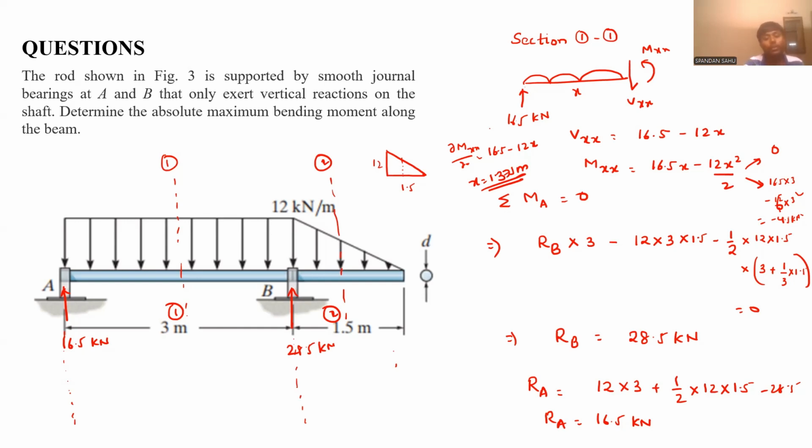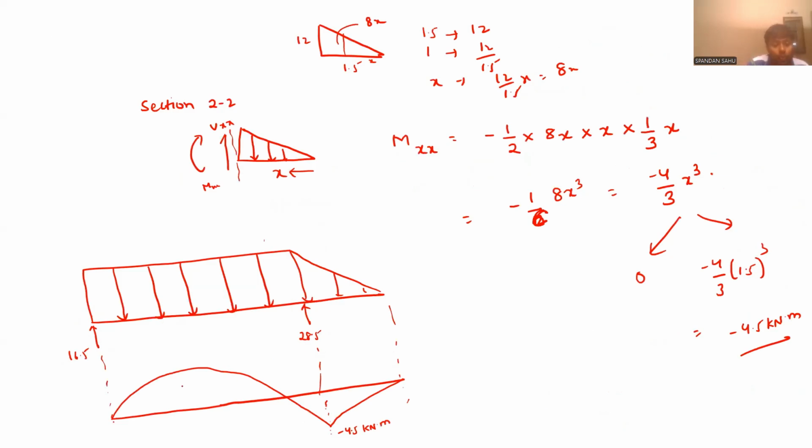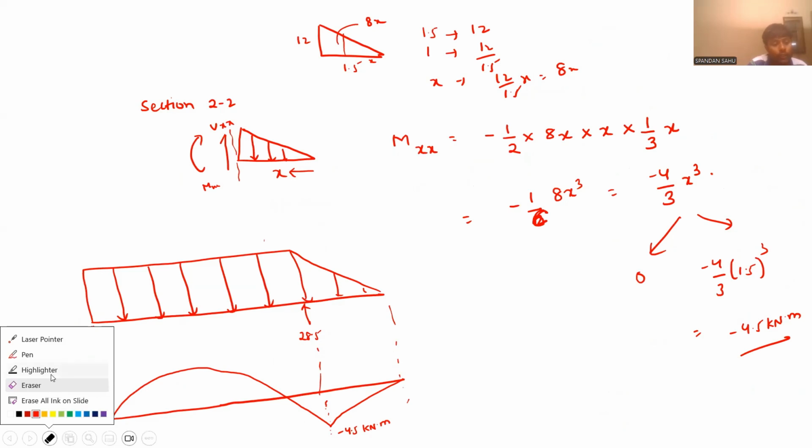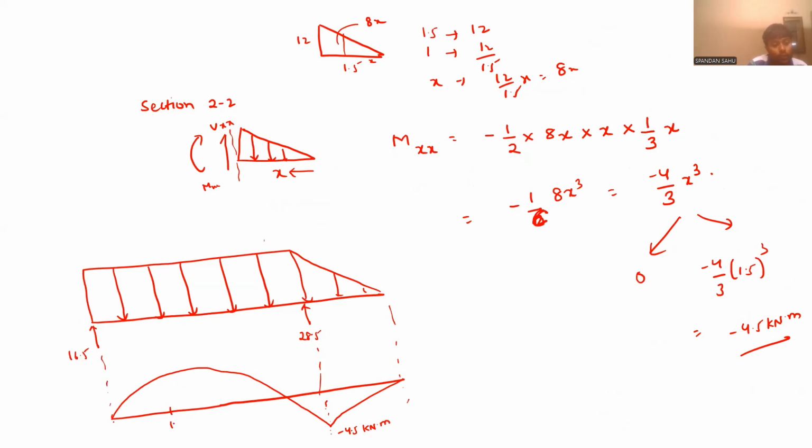So 11.43. At x equal to 1.375, you will get the maximum value, 11.4 kilonewton meter. That is M max. And how did we get this?